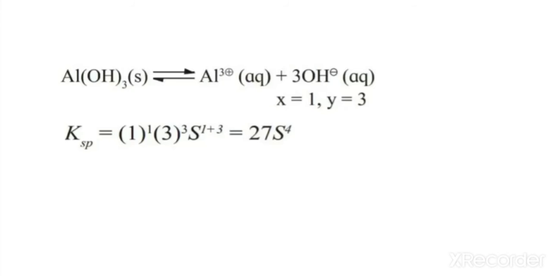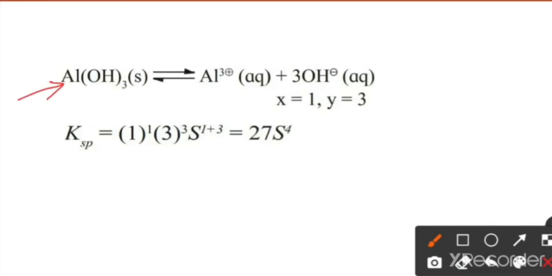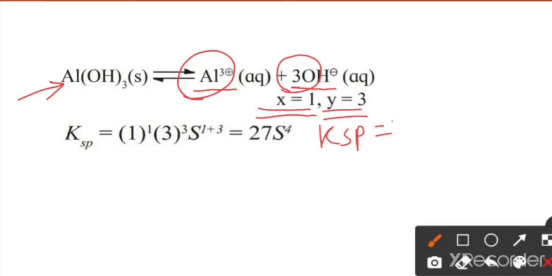So this is the solubility product of PbI2. In this example, aluminum hydroxide gives 1 ion of Al plus 3 and 3 OH minus ions. Here value of x is 1, means coefficient is 1. Value of y, coefficient is 3. And formula Ksp is equal to x raised to x into y raised to y into S raised to x plus y.